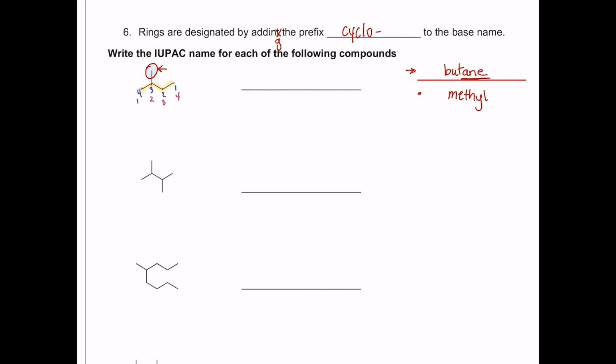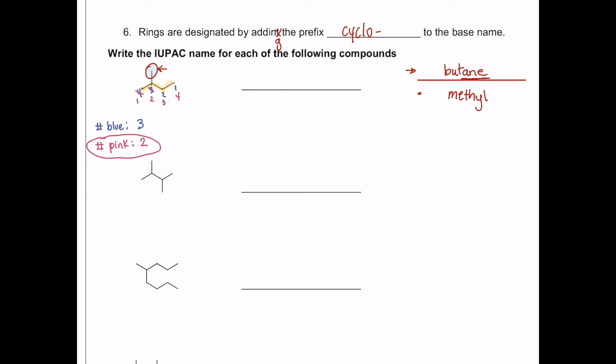If I number it the blue way, I have a substituent on 3, and that's it. If I number it the pink way, I have a substituent on 2. What's lower? Lower is 2, so we're going to go with the pink. That's how we're going to number our parent chain.